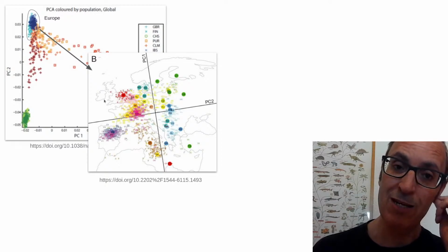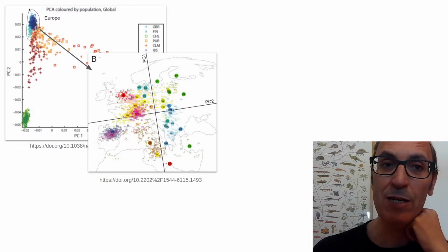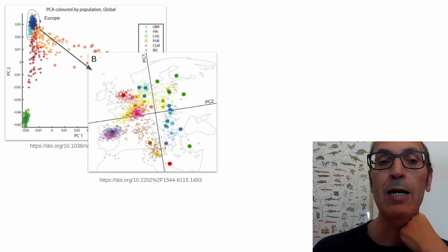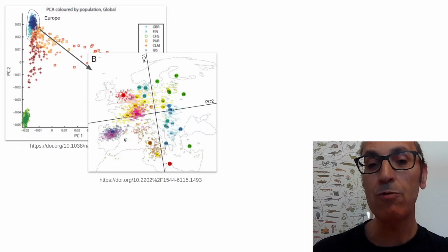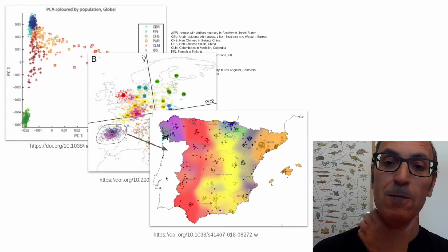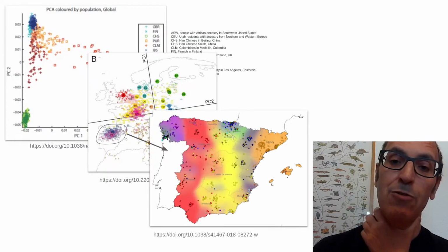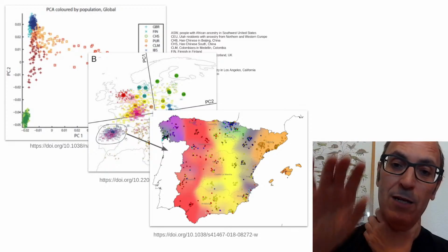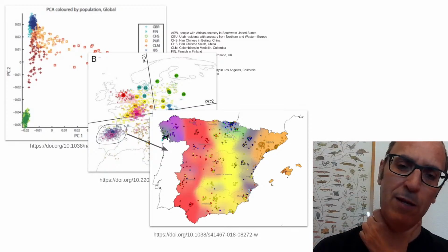So you see there's substructure inside Europe. And you could go further, and you could go to people in Spain and do an analysis just for people in Spain. And you would get that you have a vertical structure in Spain, I mean, structure from north to south in Spain.